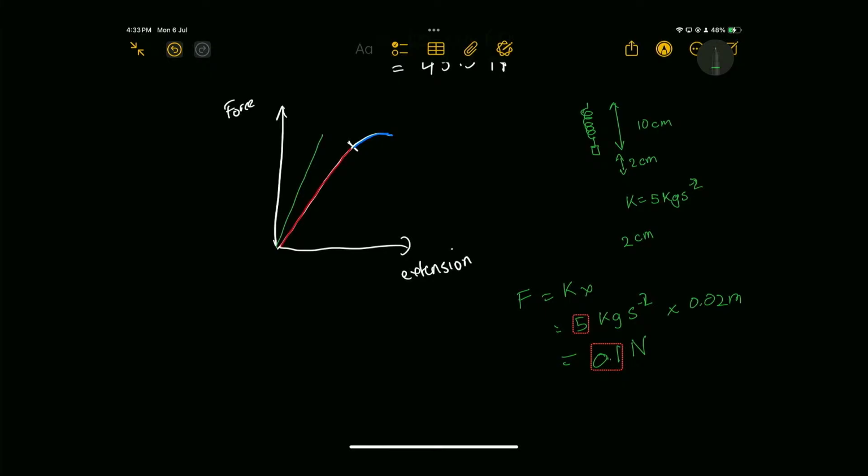So learn about pressure, the variation of pressure with depth, and the definition of pressure itself. We'll also be doing kinetic and potential energy, so you could read up the notes on work, energy, and power.